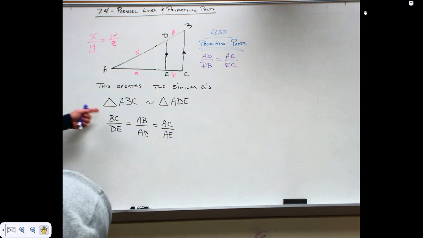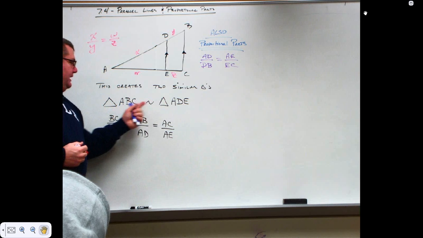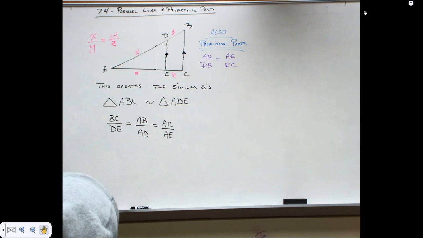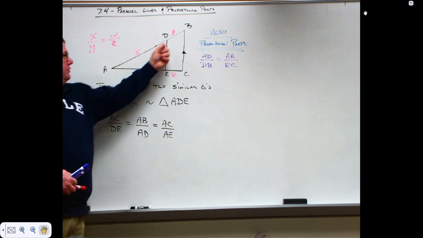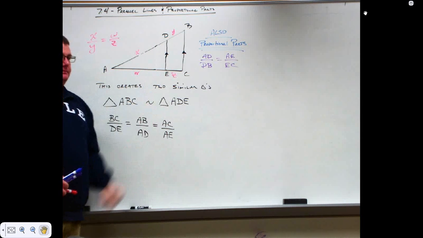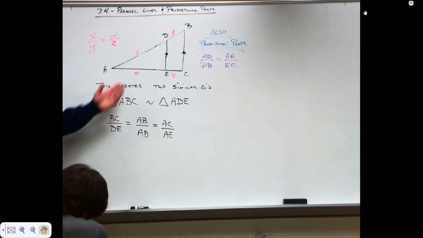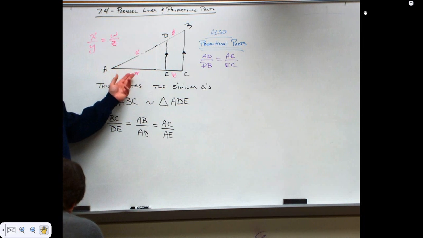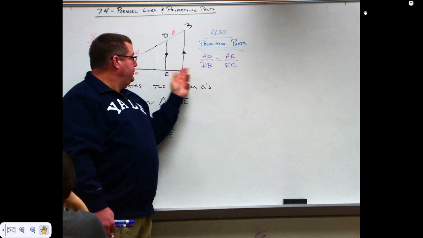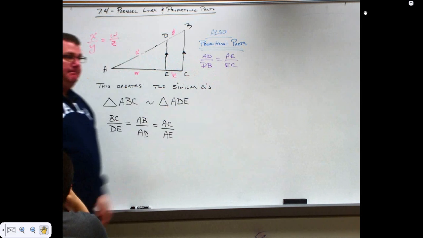You still have two similar triangles here, because they're going to ask you to use both of these. But you also have some proportional parts that are made. This over this equals that over that. The main thing to remember is the longer part over the other longer. The longer part's on top, the shorter part needs to be on bottom of both sides, right?